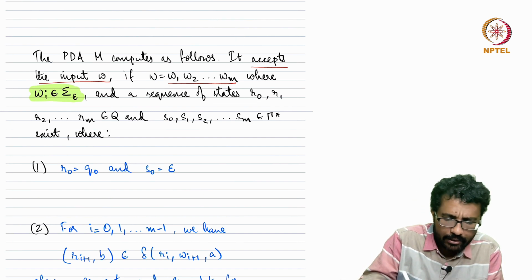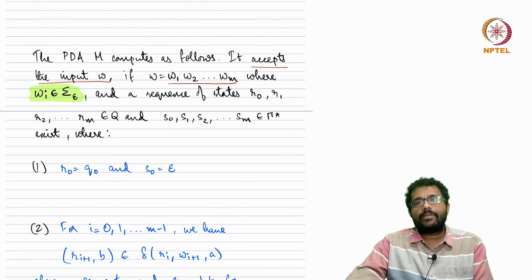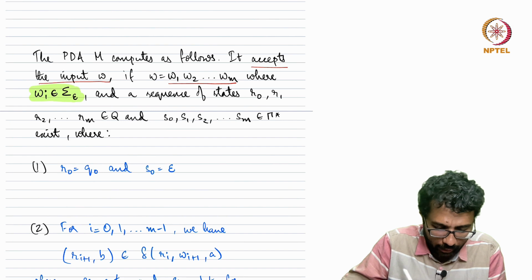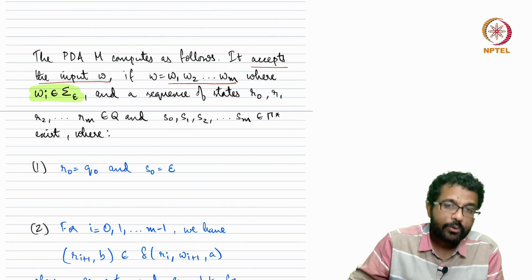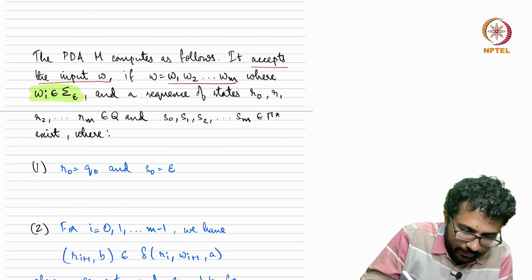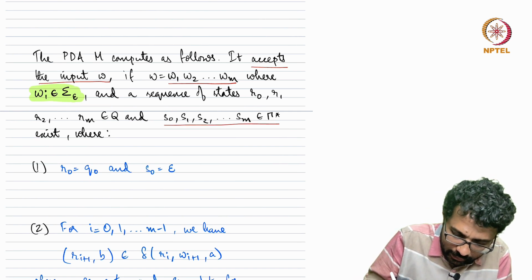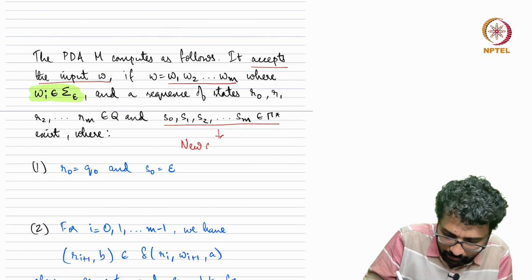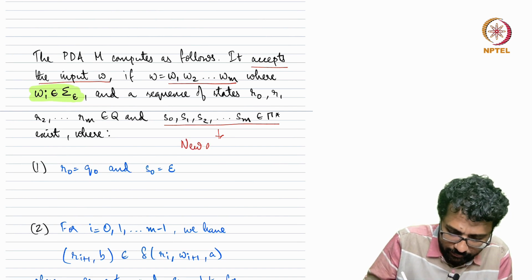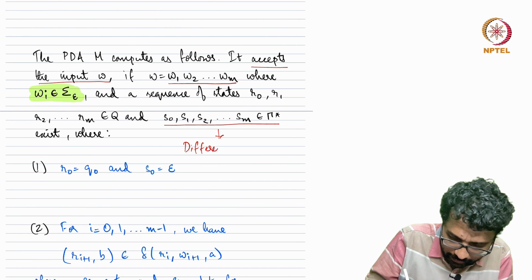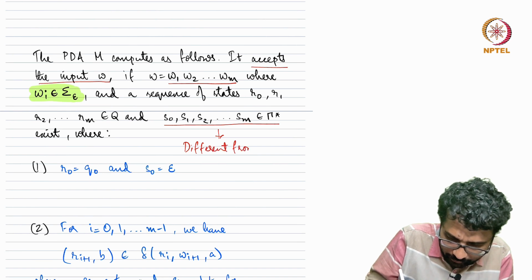This is exactly the same thing as in NFAs, and a sequence of states R0, R1 up to Rm. This is also what we had in NFAs. The main difference is this new thing, which we didn't have in NFAs.